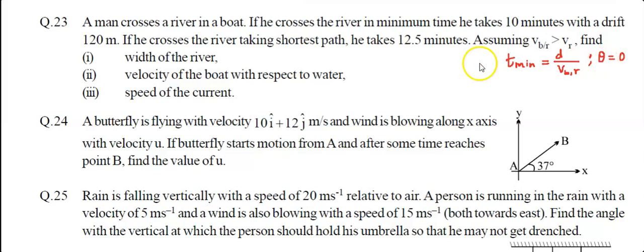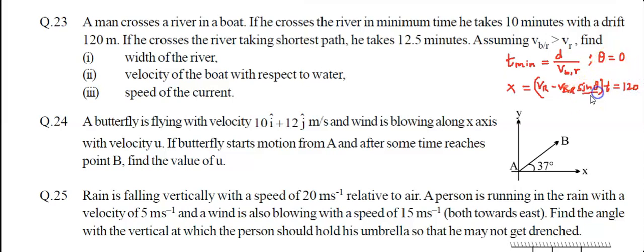And in this particular case, the drift has been given to you, so you can say the drift, which is 120, we used to write as x, it is Vx into T. Vx is, if you remember, Vr minus Vbr sine theta into T. So that is given to us as 120 meters.